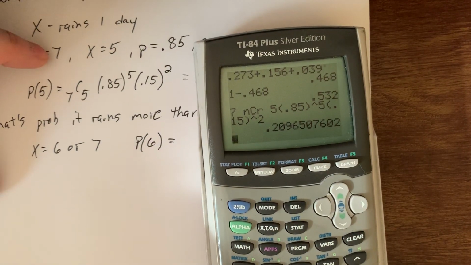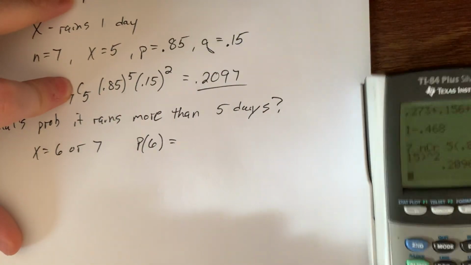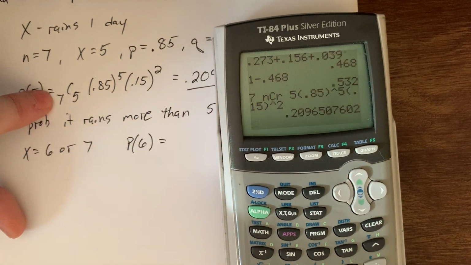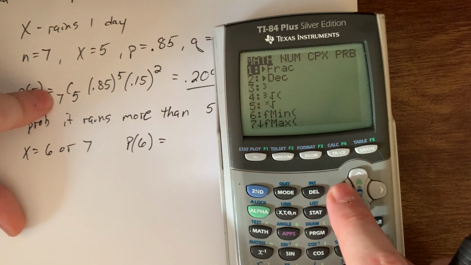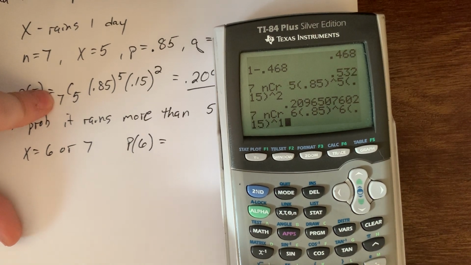And again, the better you get with this, I recommend for your test, it's a good idea to write the formula just in case there's any goof on the computation. But just notice with practice, you should get very accustomed to it. 7 choose 6, I'll get the 0.85 to the 6th power and the 0.15 to the 1st power.